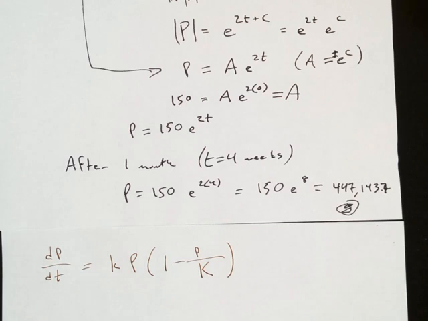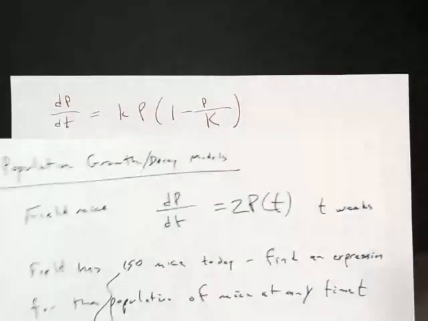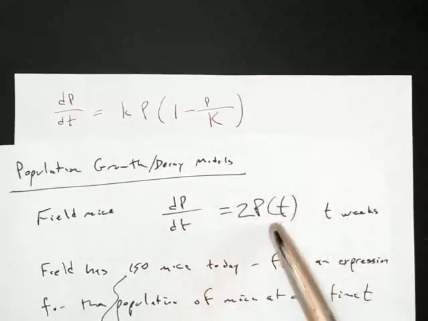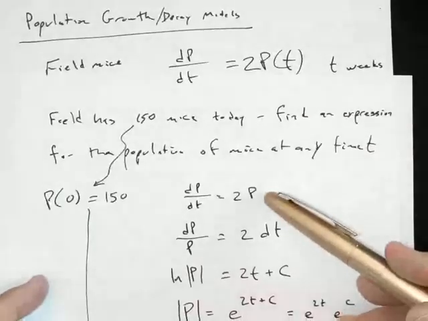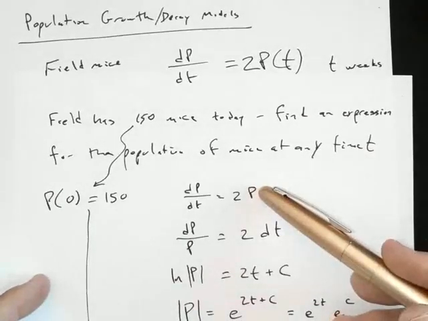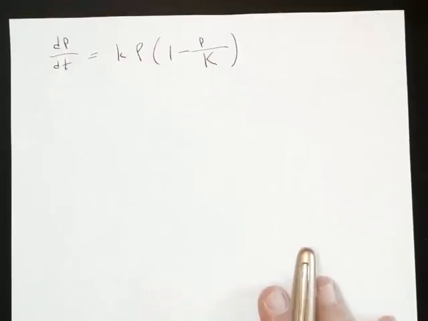But let me think about the slope field, because notice this is an autonomous differential equation. Just like this one was, there's no extra factor of t over here. As a matter of fact, when I wrote it down here, I didn't even put a t. Everything on the right-hand side is in terms of just p and some constants.